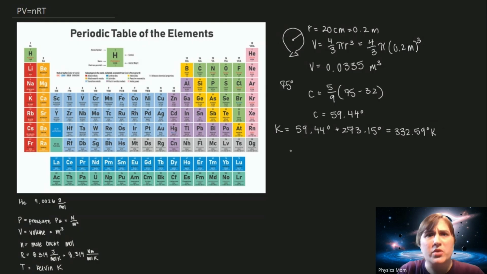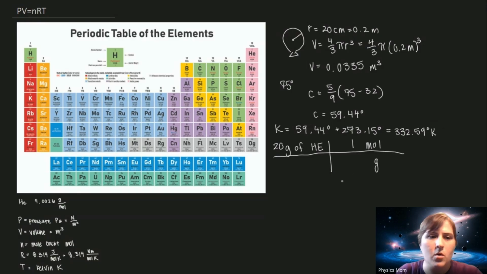And let's say we put in about 20 grams of helium. Using the atomic mass number, we can figure out how many moles that is. If I have 20 grams of helium, this is where stoichiometry comes in, and literally stoichiometry is what it's used for. This is the grams, and then this will be the mole amount.